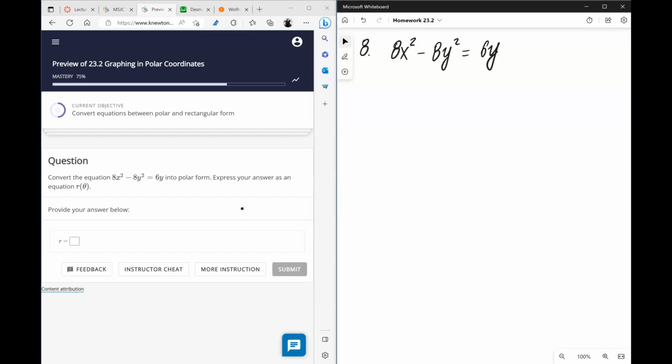We're going to replace x with r cosine theta, y with r sine theta, and then we're going to distribute everything.